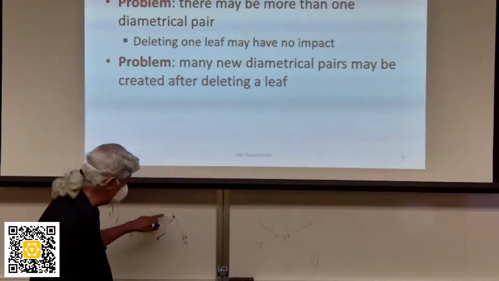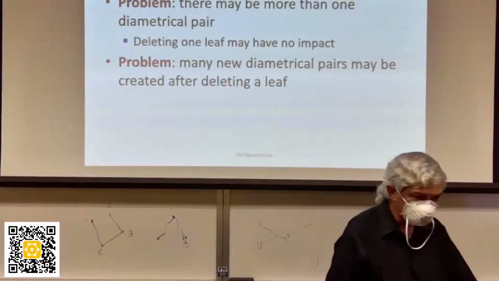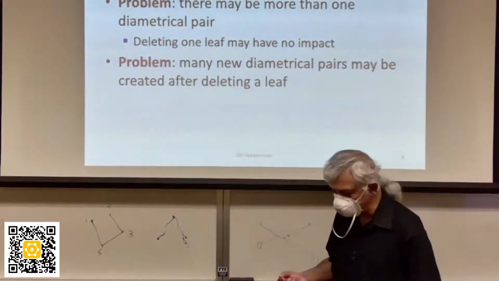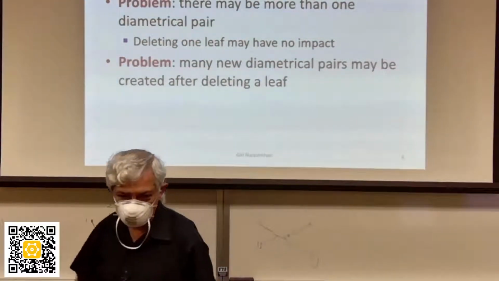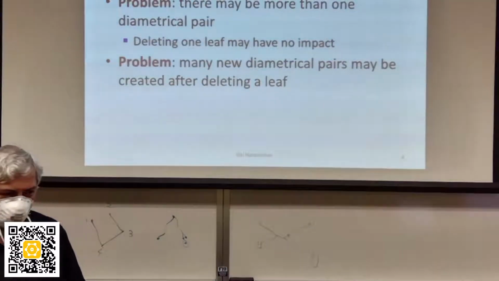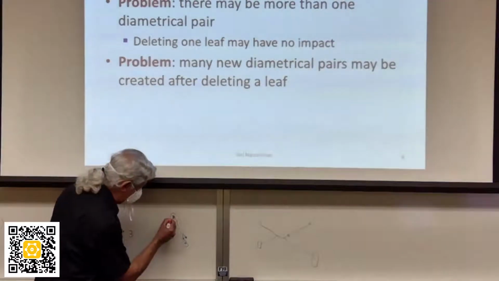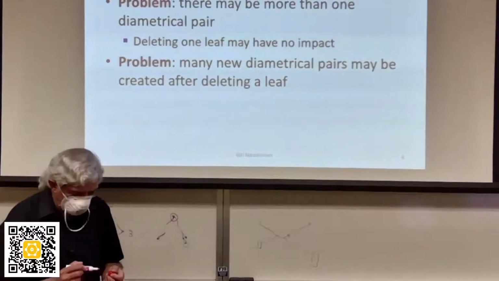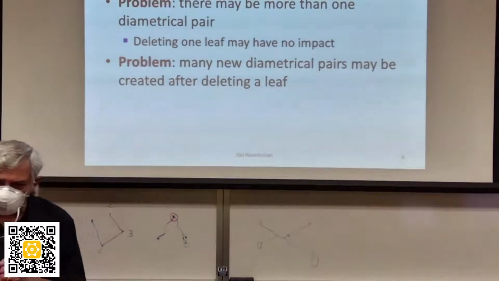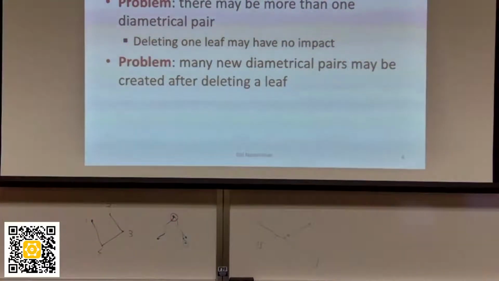So therefore, the center is something magical. Every diametrical path goes through there. And it's easy to find because once I find a diametrical pair, I just walk the path and find the middle guy. Okay, so this is my center. One minor detail is that the center may not be one vertex, it may actually be an edge because the path could be even length or odd length, right?